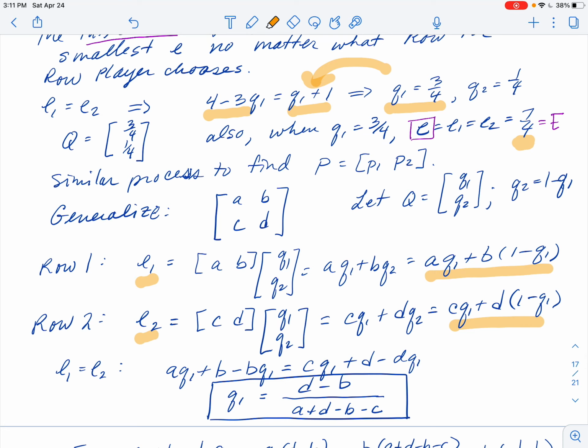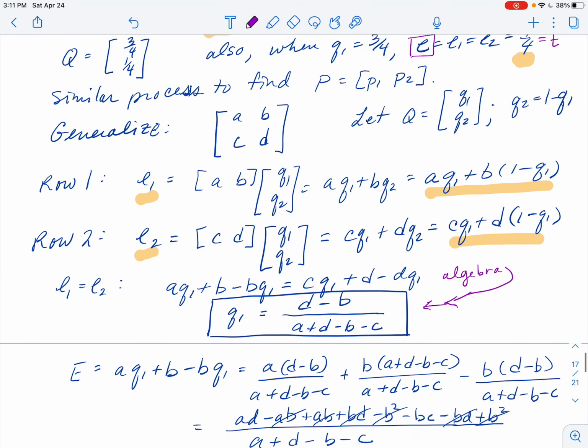And when we set them equal, here we have it. This is our formula for Q1. Just a little bit of algebra to solve for Q1. And that's the formula that we've been using. D minus B over A plus D minus B minus C. Kind of cool.